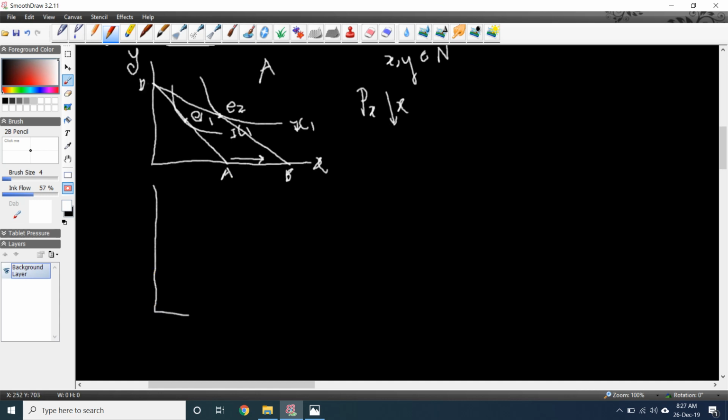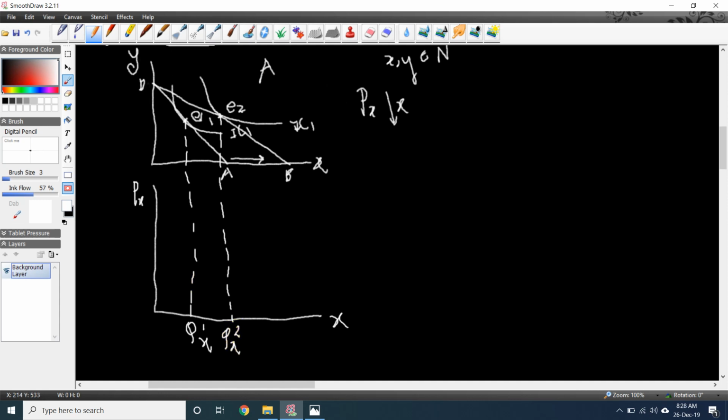So now let's draw panel 2. It's X, sorry. We will write here the price of good X. We will draw a line straight downward from E1 and term it QX1, and similarly draw a line straight downward from E2 and name it QX2.